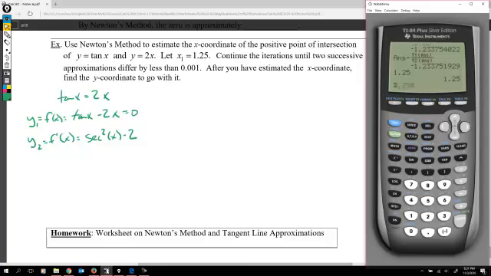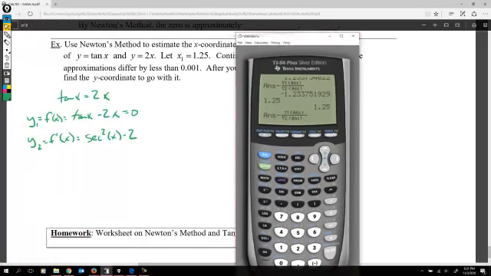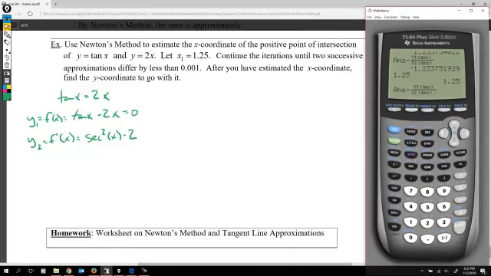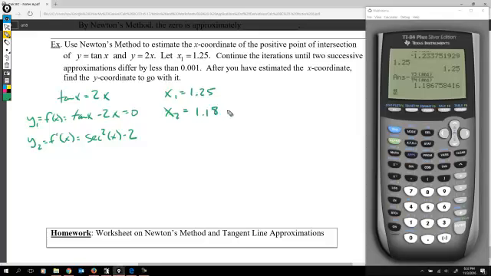Then I want to do basically the same thing, except I'm going to recall y4 and y3. So I did one iteration, and my x1 was 1.25, my x2 is 1.18675.